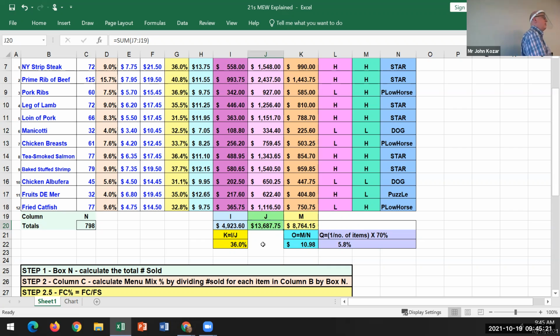Well, that's a way to double check that you are getting the correct calculations. What we have down here in box K is total food cost divided by total food sales. So this is our food cost percent for the menu as it's selling.